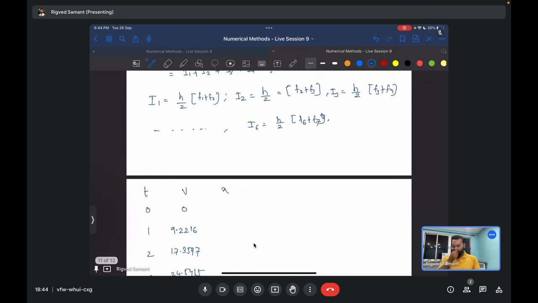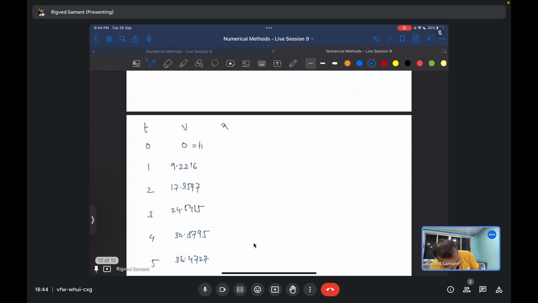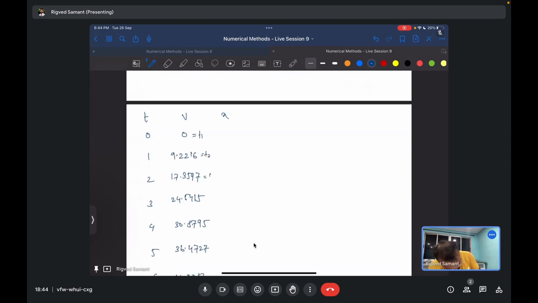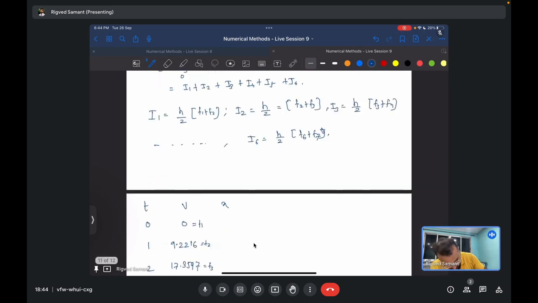So these are your function values, which are f1, f2, f3, f4, f5, f6 and f7. Now you will substitute these values in this equation and get the value of x, right?